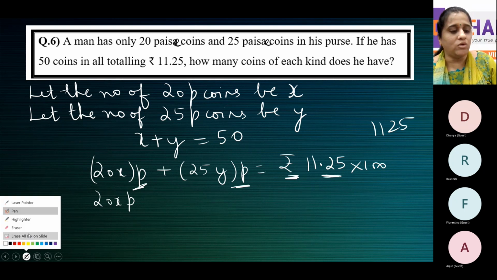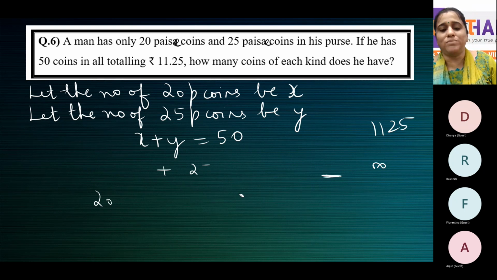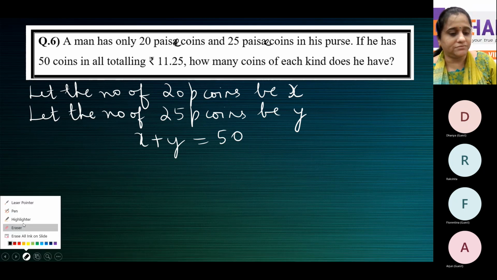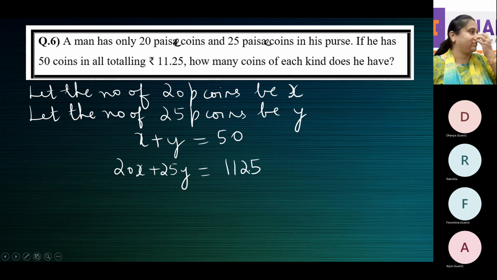We have to convert rupees to paise. 11 rupees 25 paise is 11.25 into 100. So 20x plus 25y, all this is in paise, is equal to 1125 paise.